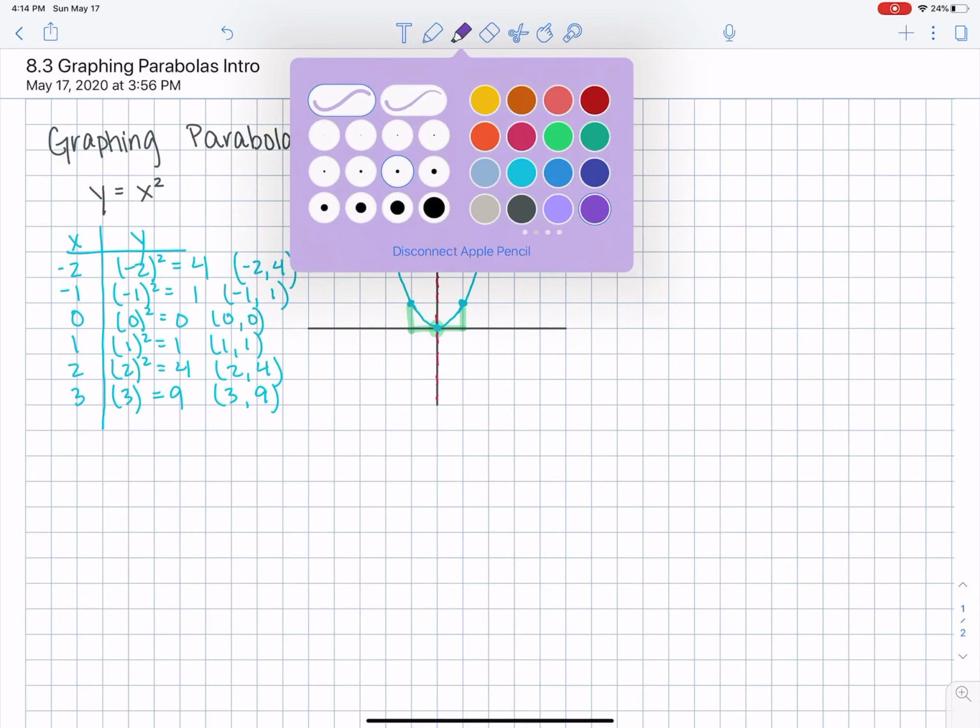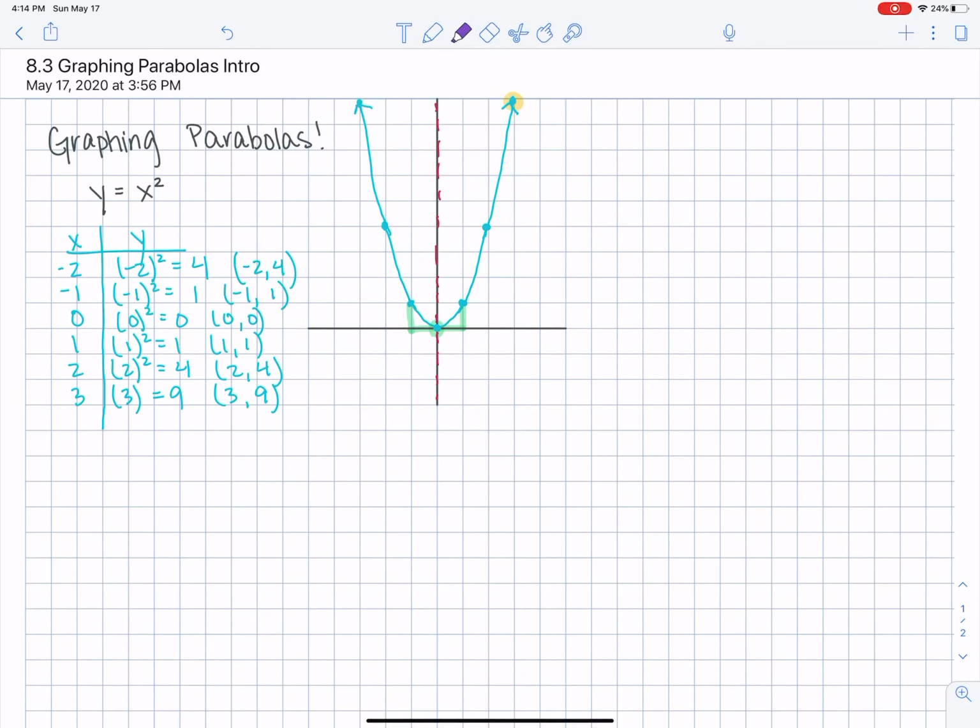Then the next relationship that I like you to use from your vertex is that you go over 2, up 4. Over 2, up 4. Remember, these are always from your vertex. And if you'll notice, those relationships are things that are being squared.